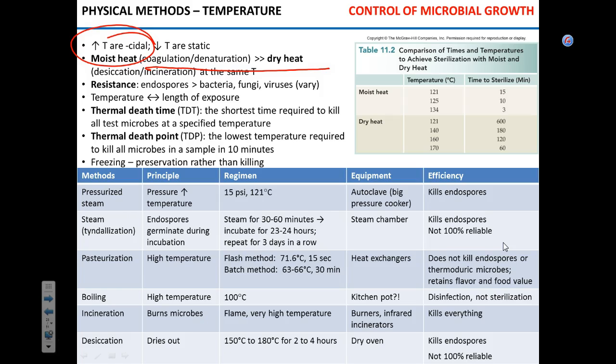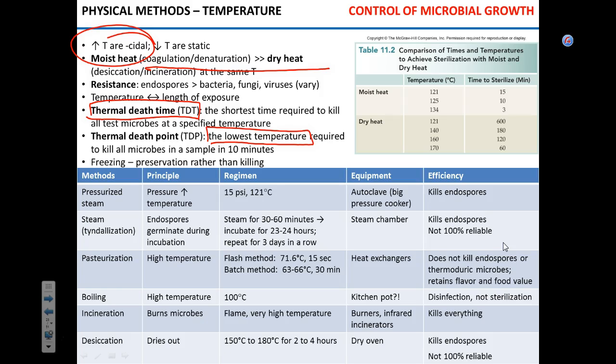Now, two parameters that are often applied to the heat treatments, heat inactivation. Thermal death time. It's the shortest time that requires to kill all microbes at the given temperature. Okay? Thermal death point is the lowest temperature that you have to use to kill all the microbes in 10 minutes.